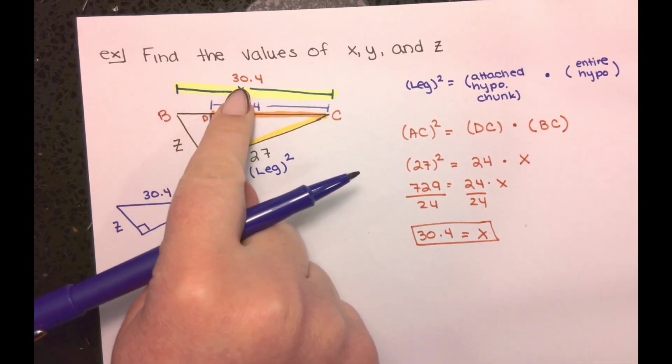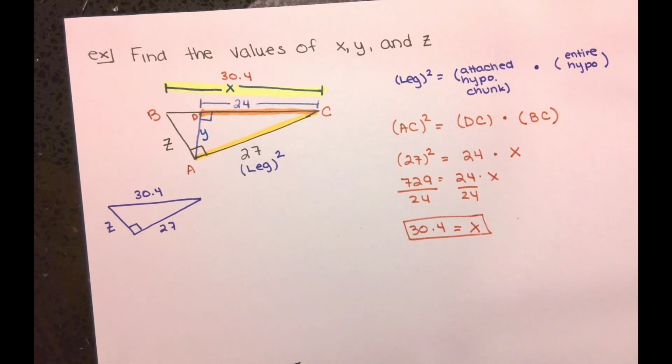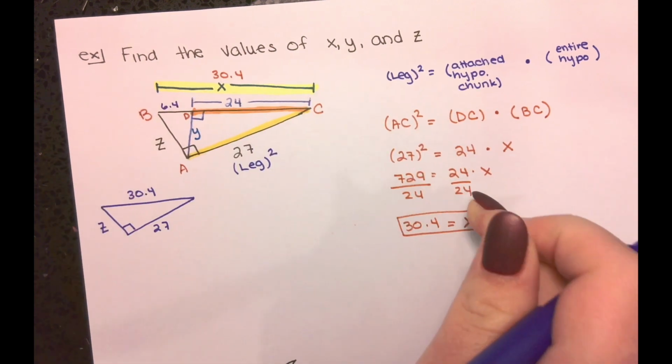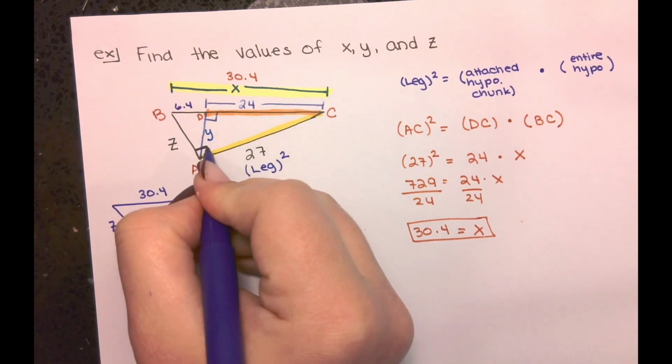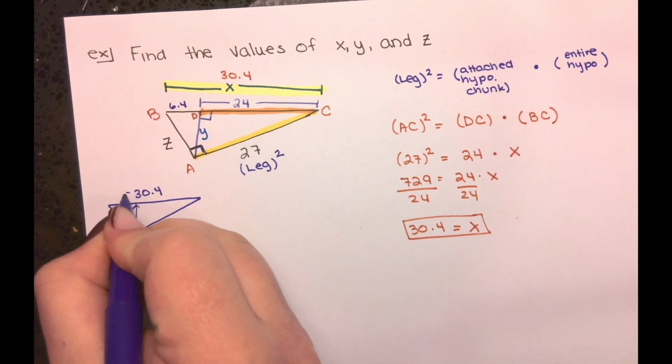Now that we have 30.4, BD is 6.4. If you want to do the Pythagorean theorem on this one, you can, since we do technically have a right angle.